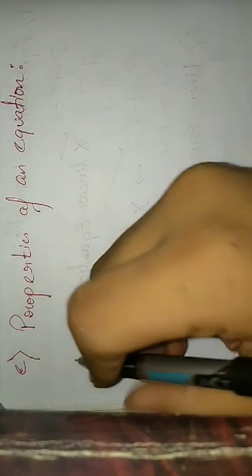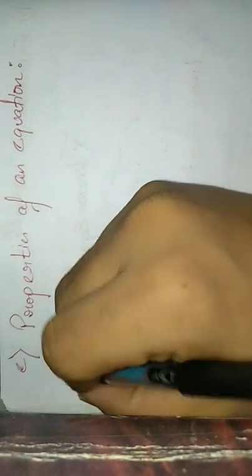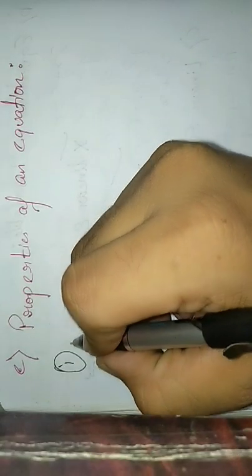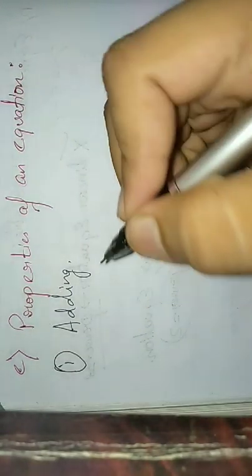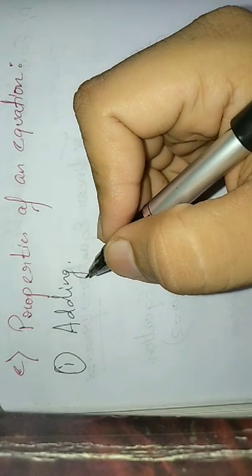Let's start with number 1. When we are adding, we can add the same number on both the sides of an equation, and the value of the equation will not change.